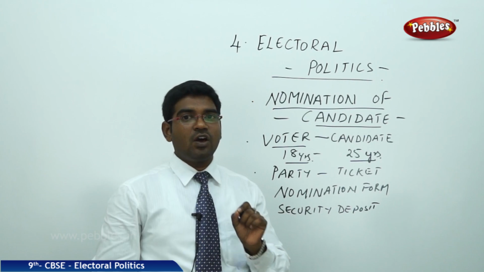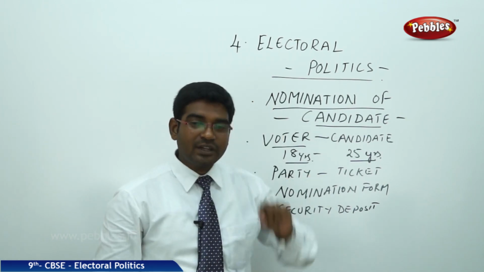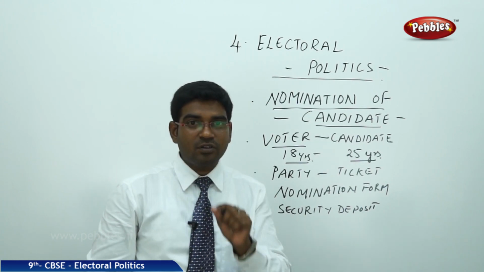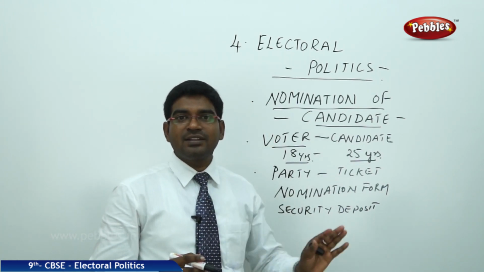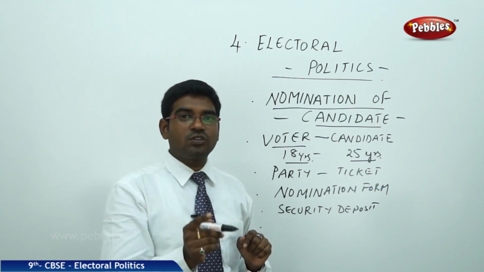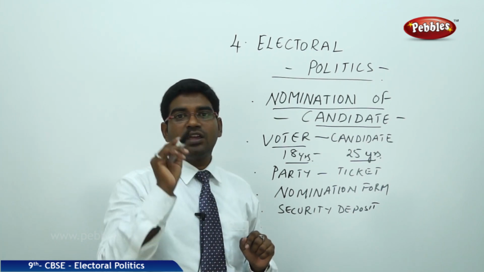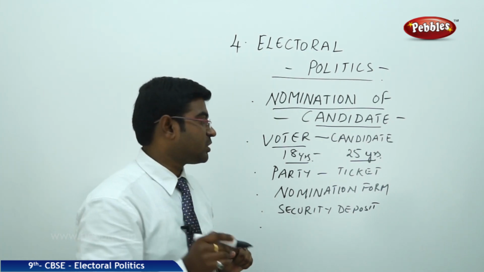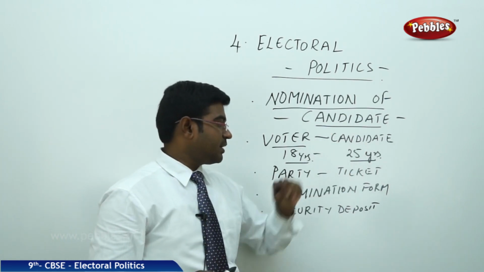This point we all have to remember. Every voter of that constituency, every voter who lives in that region, is definitely eligible for contesting in the elections. But to be a candidate of Lok Sabha or the state Vidhan Sabha, you need to attain 25 years of age. So that point has to be maintained here. Then only you can be a candidate.